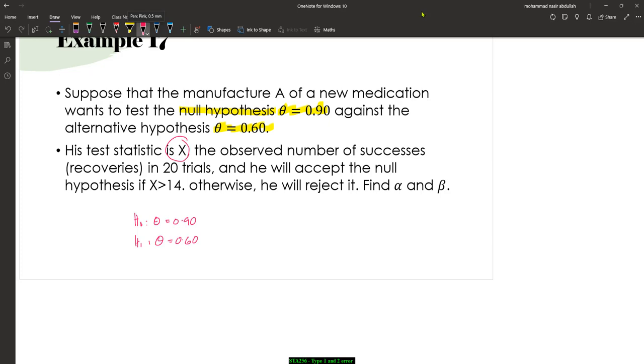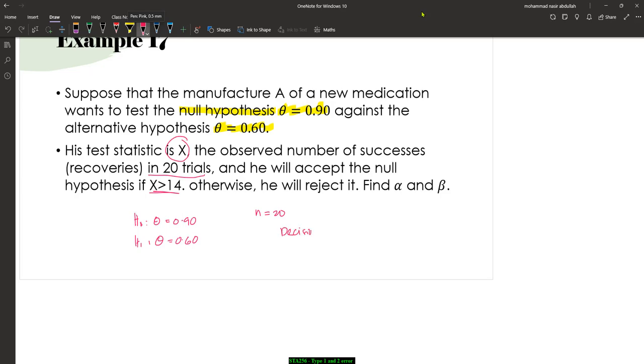The observed number of successes in 20 trials, so this is a binomial problem. In 20 trials, so n equal to 20. He will accept the null hypothesis if X is more than 14. So this is his decision rule.